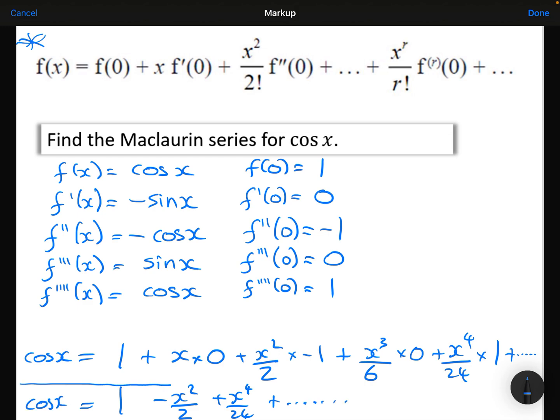So this is our Maclaurin expansion for cos x.